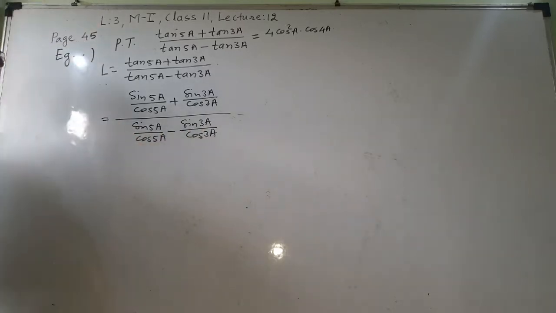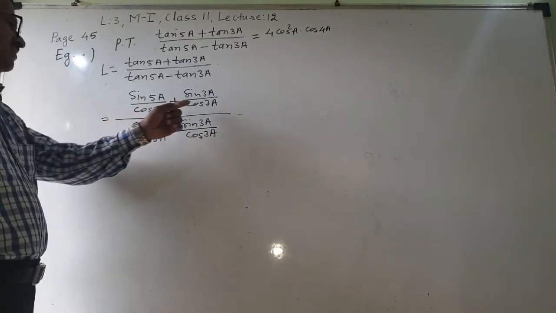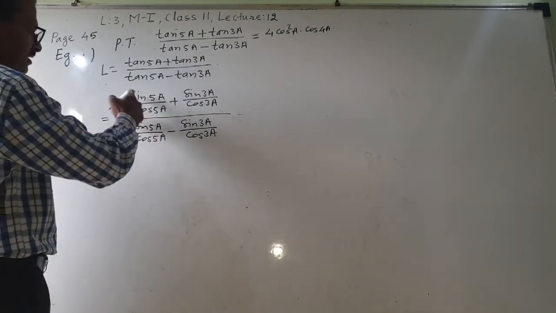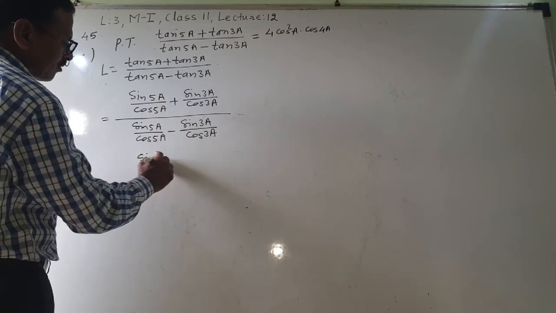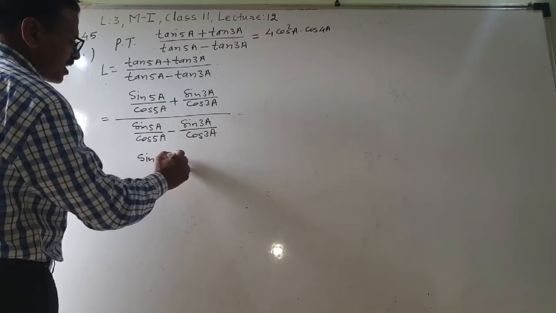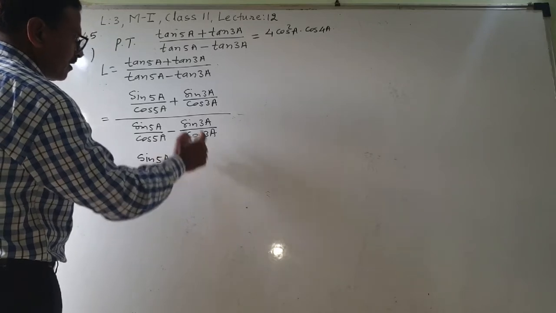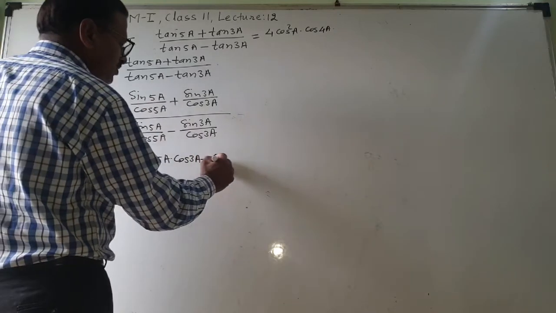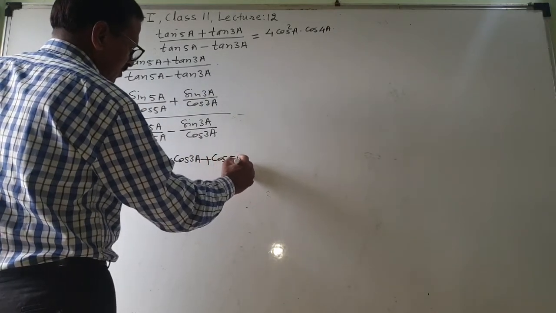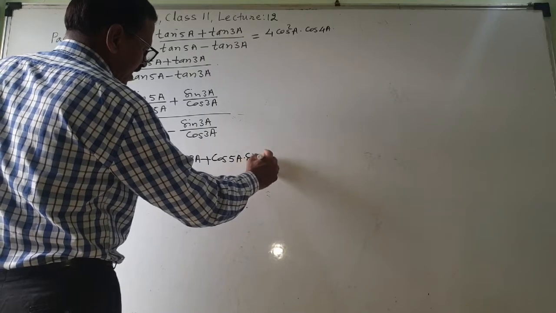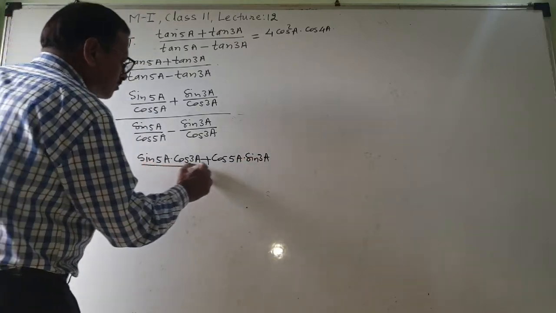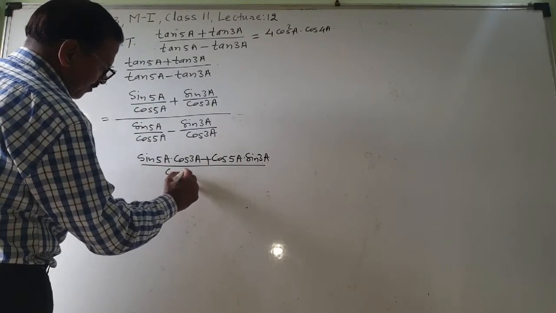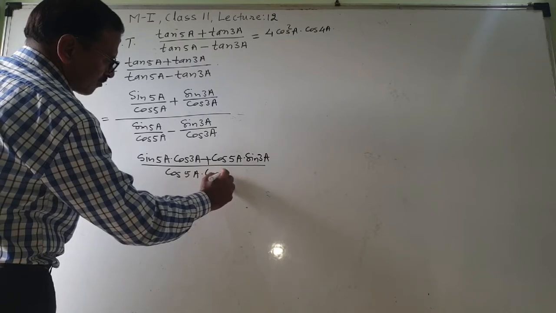This is equal. Now for this, see the denominators, I will do the cross multiplication. So sine 5a into cos 3a, this cross plus. Now this will go here, cos 5a into sine of 3a upon cos 5a into cos 3a.